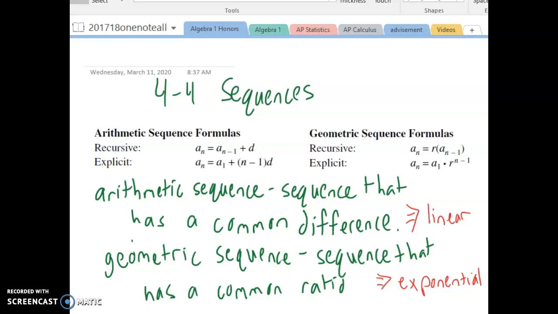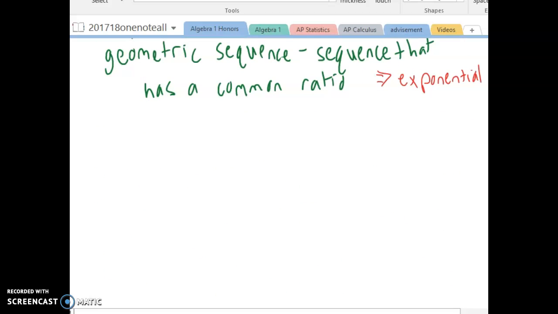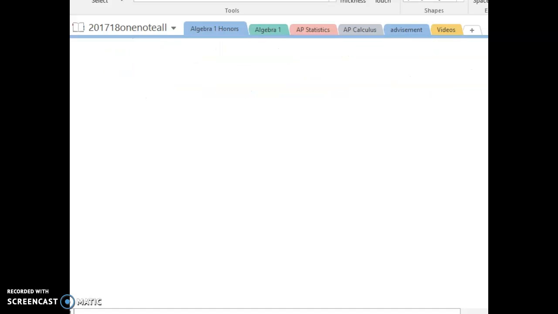Okay, so let's take a look at a couple of examples. Suppose I give you a table where we have x and y related. When x is 0, y is 10.